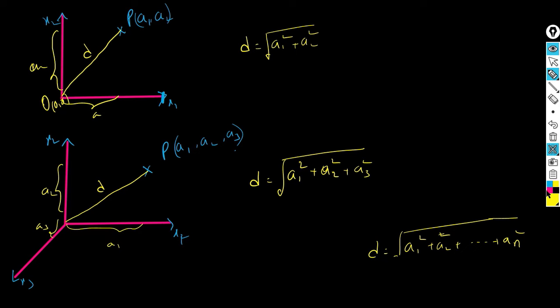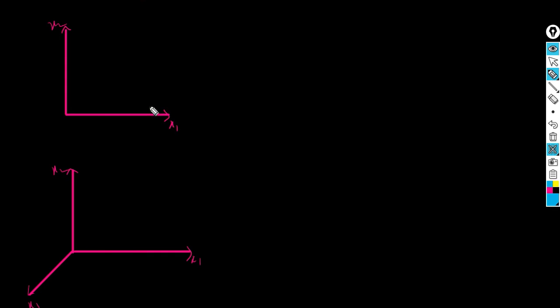Okay, next, let's see, from a point we want to find the distance. Now I want to find the distance between 2 points instead of the origin. How can we do that? Okay, for that, let's consider 2 points. Let's consider this point P. The x1 component is a1, x2 component is a2.